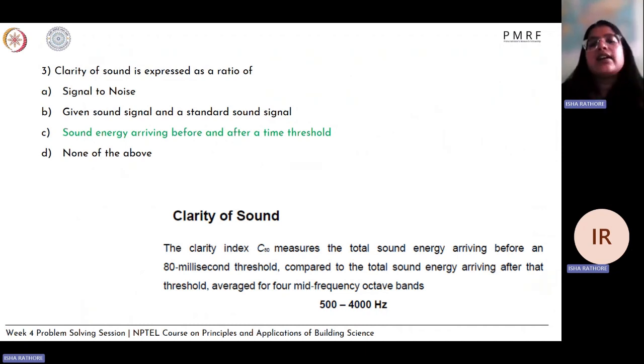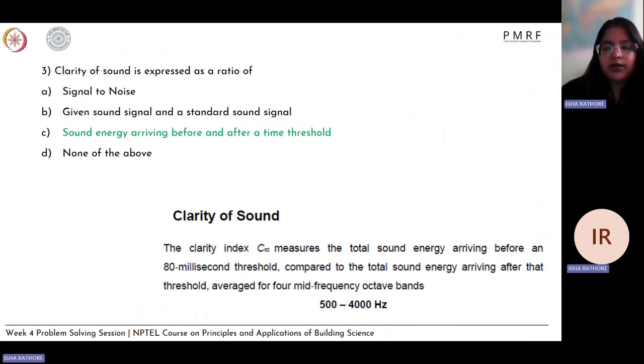C50 measures the total sound energy arriving before the 50 millisecond threshold compared to the total sound energy arriving after it. So C is the correct answer for clarity of sound. Again, the definitions of the terms are important, as well as the units for measuring them, and the formulas showing what parameters and what type of quantity is affected.